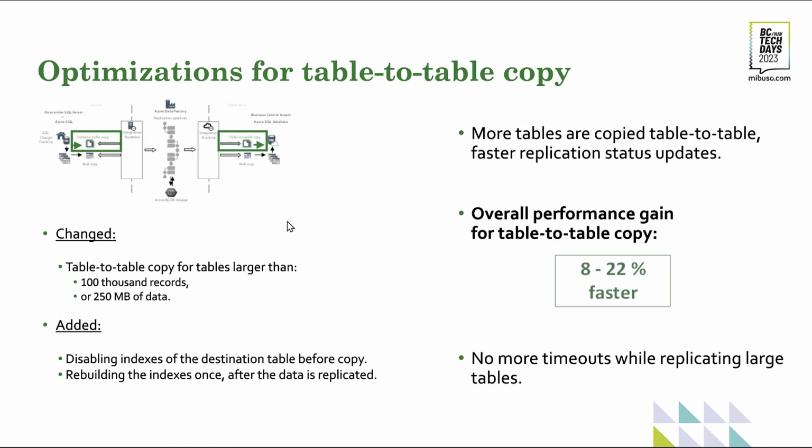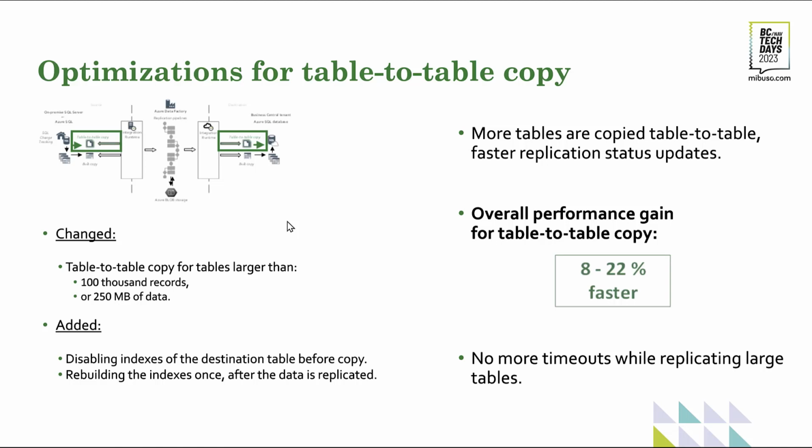Also, tables with a lot of data tend to have many indexes defined. When the data is copied, all these indexes have to be updated on every insert. Now we disable the indexes in the target table before copying its data and rebuild the indexes after the data is replicated.